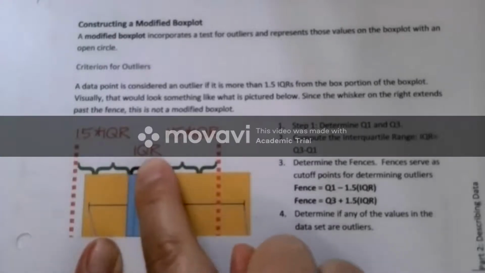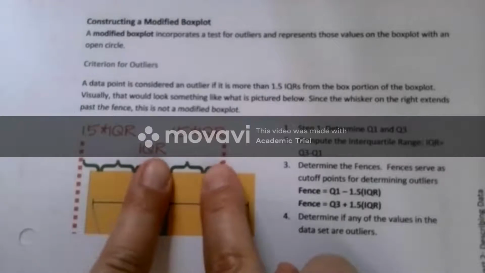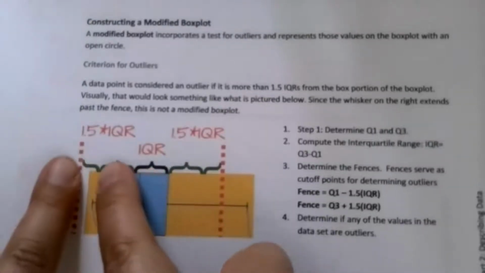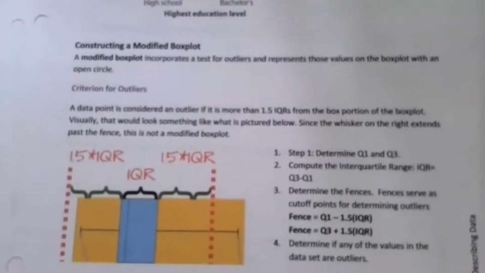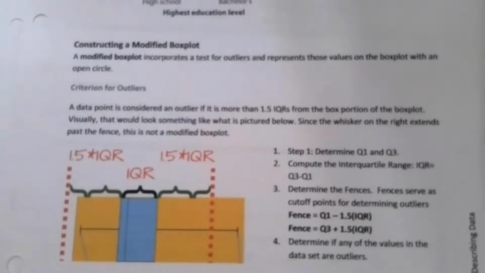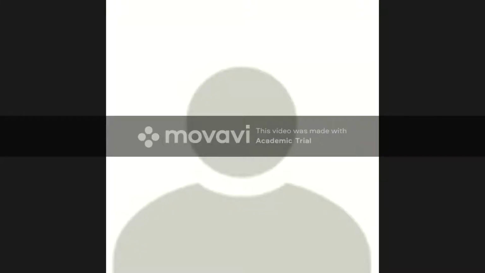This distance is your IQR. And then your fences go 1.5 IQR to the right and 1.5 IQR to the left. Okay. Do you guys have any other questions? Good questions.